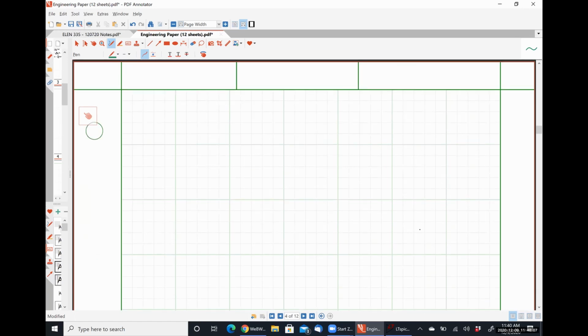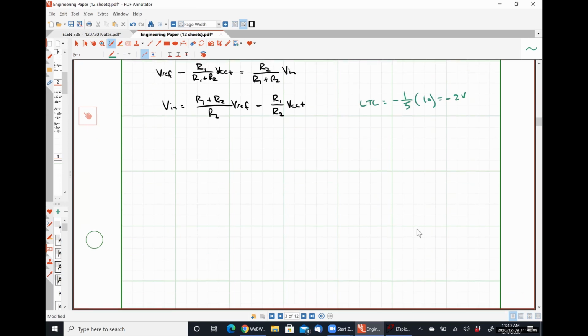All right, do I have enough space? Yeah, I think I have enough space here. The next circuit that we're going to deal with is the inverting Schmitt trigger. This one's going to be much more brief. It is a nearly identical circuit.